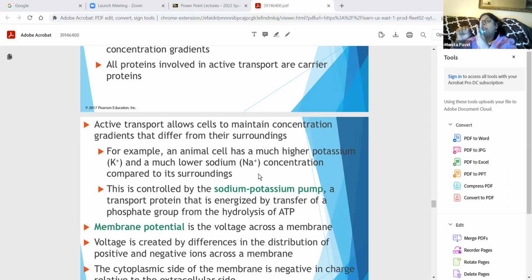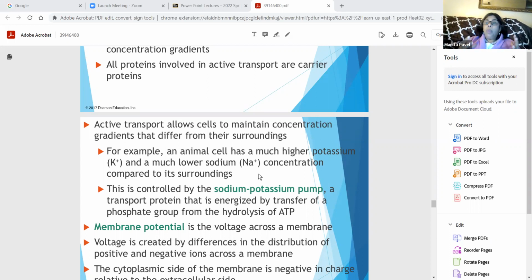More potassium, less sodium. So for every 3 sodium ions that are pumped across the cell membrane, the sodium potassium pump will simultaneously pump 2 potassium ions into the cell. And this is how the sodium potassium pump will create the equilibrium across the cell membrane.